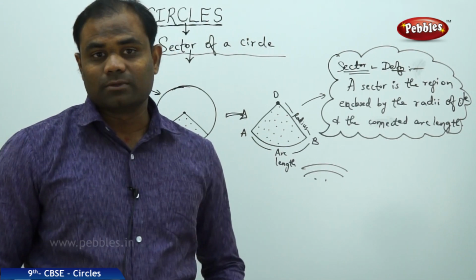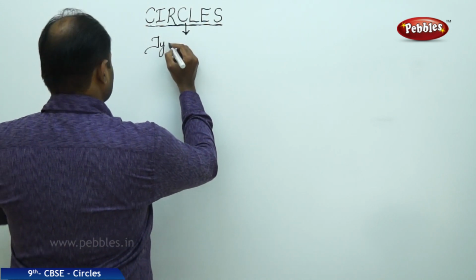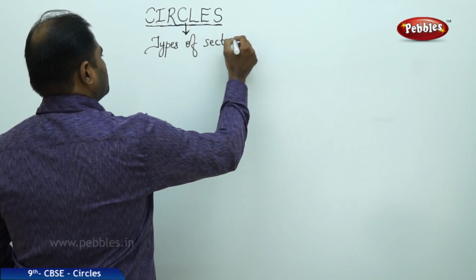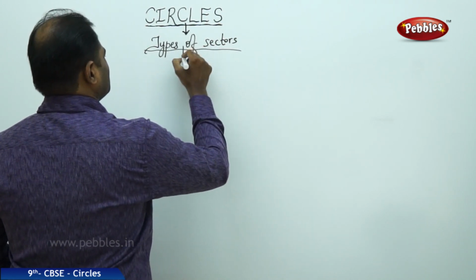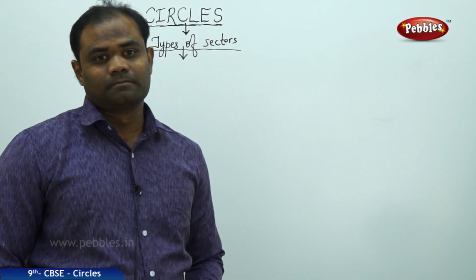Now that we have defined a sector, comes the question of what the different types of sectors are which exist for a given circle. This session is about the types of sectors of the given circle.